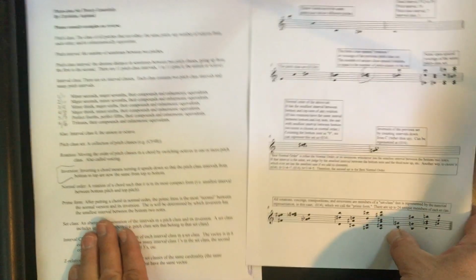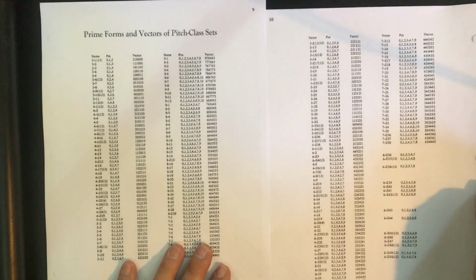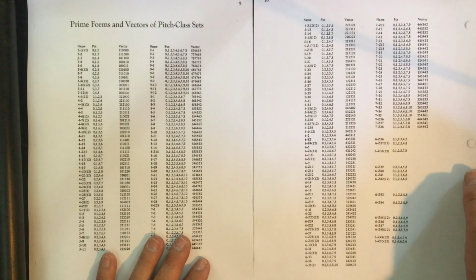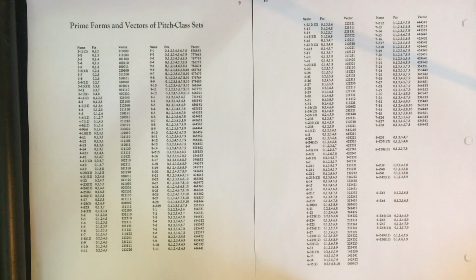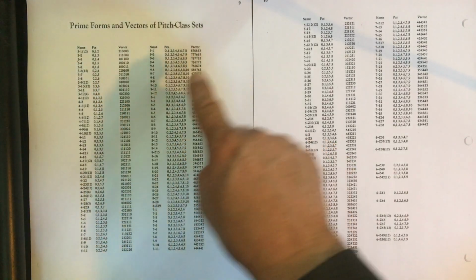Now, this takes us to our marvelous chart, which I mentioned will become your best friend. This is a listing of every set class that exists. Okay? And how is this organized? Well, any pitch class set in existence can be boiled down to any one of these set classes.